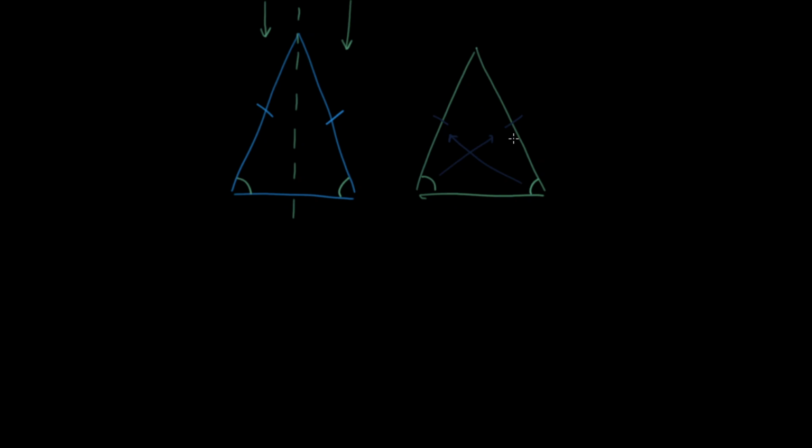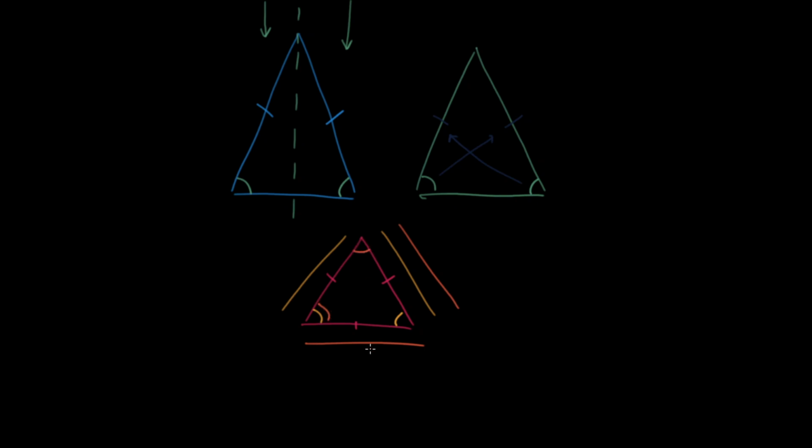I can extend this even further to say, what if I have an equilateral triangle where all the sides are congruent? If I look at it from the standpoint of this being one of my legs and this being one of my legs, then these two angles are congruent to each other. And if I look at it in the context of these two legs here, then these two angles will be congruent to each other.